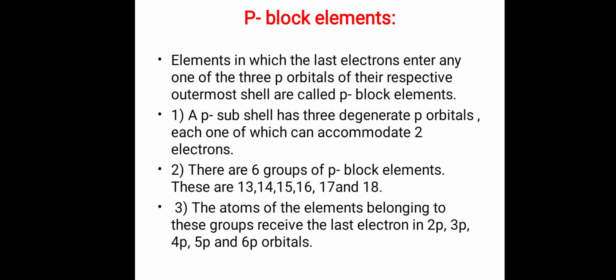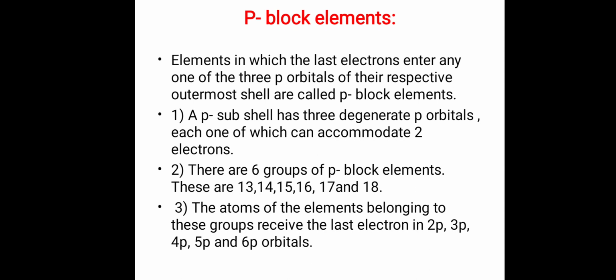The second one is p block elements. Elements in which the last electron enters any one of the three p orbitals of their respective outermost shell are called p block elements. A p subshell has three degenerate p orbitals, each one of which can accommodate two electrons. There are six groups of p block elements.